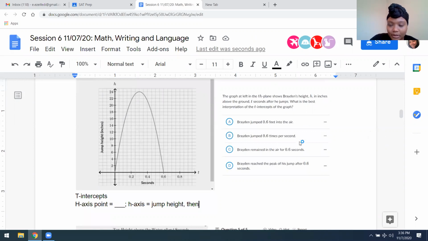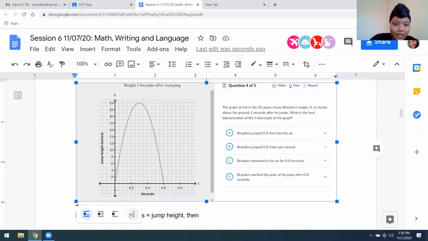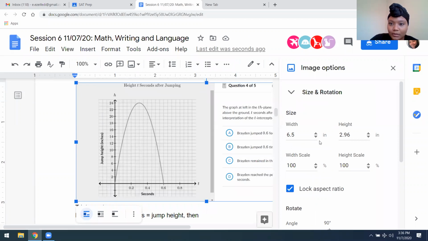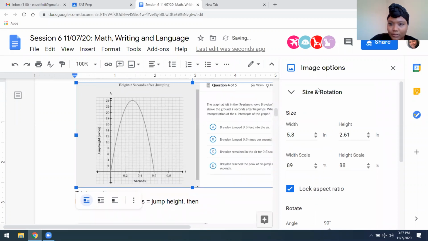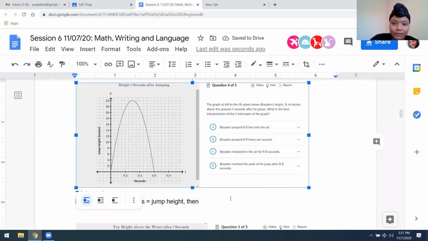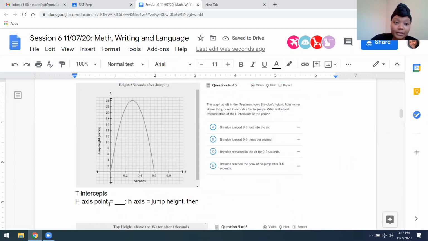Braden's height after he jumps, jump height, is H, that's along this vertical axis. It's asking what is the best interpretation of the T-intercepts of this graph?